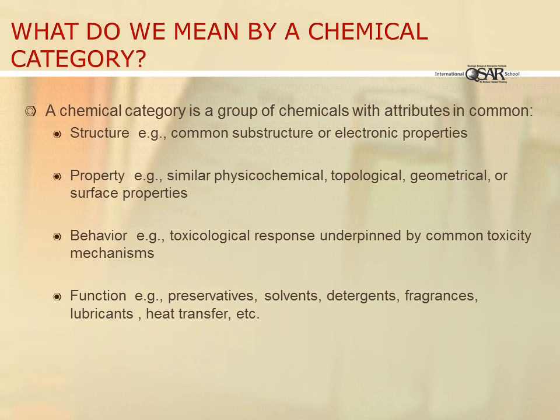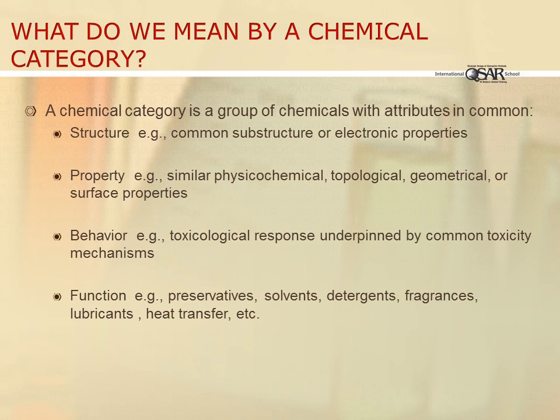This would be putting all aldehydes together or carbamates together, and in fact I believe that EPA established over 130 different categories of chemicals that are all grouped based on structure.